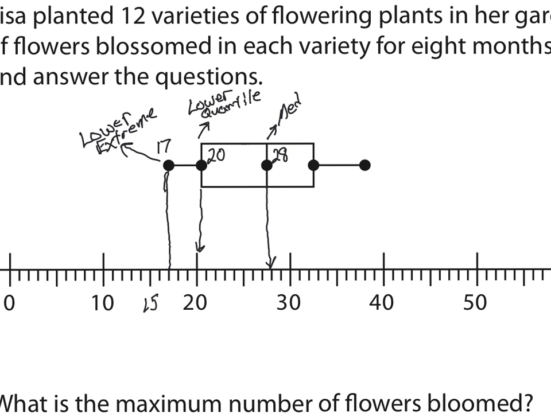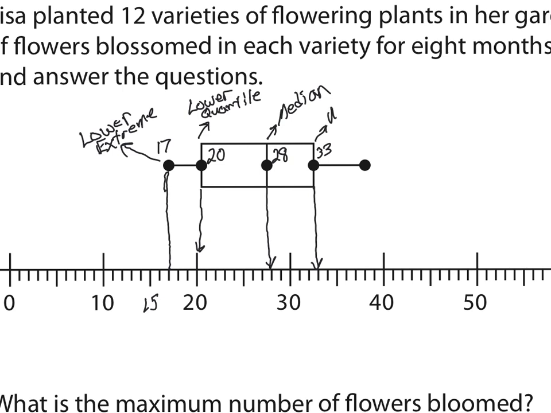So when we had a set of data, 12 different plants, 12 different varieties, we found the middle number of those 12 varieties, and we found that the middle was 28. Okay, that's the median. The next value over looks like it's at 33. And some of these are partway in between, so it may technically be at 32.5, but I want to simplify this so that we don't get caught up in the 0.5s.